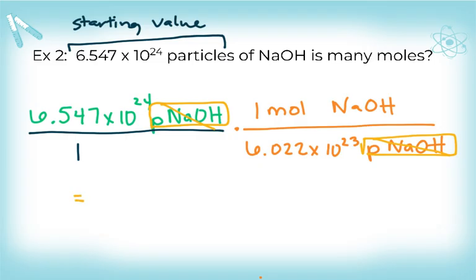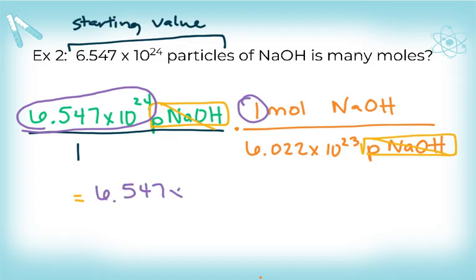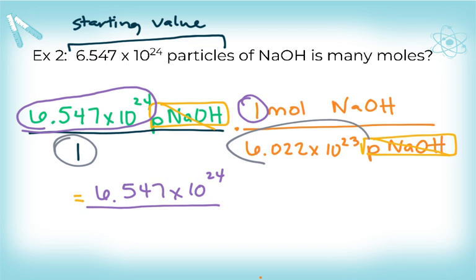I'm going to do 6.547 times 10 to the 24th times 1, which is 6.547 times 10 to the 24th, and then I'm going to divide it by everything in the denominator multiplied together. 1 times 6.022 times 10 to the 23rd, which is just 6.022 times 10 to the 23rd.